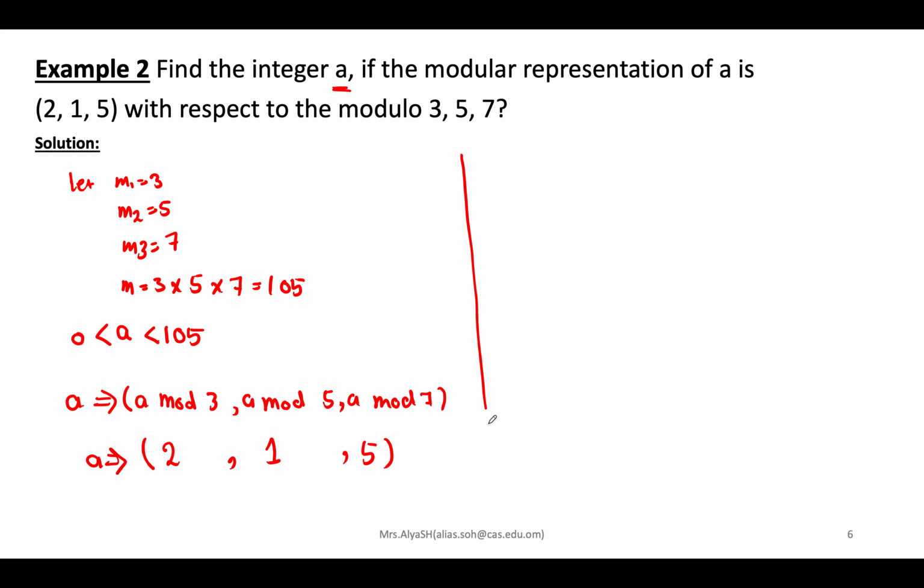Now what do we mean by the following modular representation? We mean that x is congruent to 2 mod 3, x is congruent to 1 mod 5, and x is congruent to 5 mod 7.